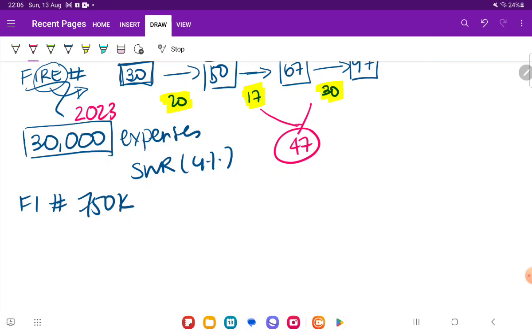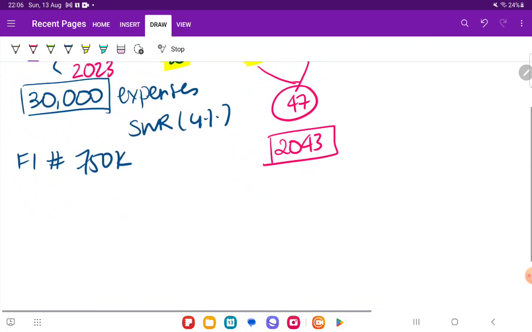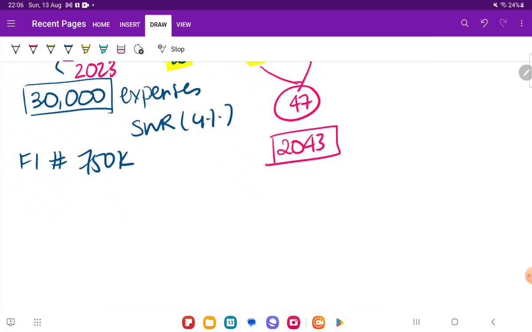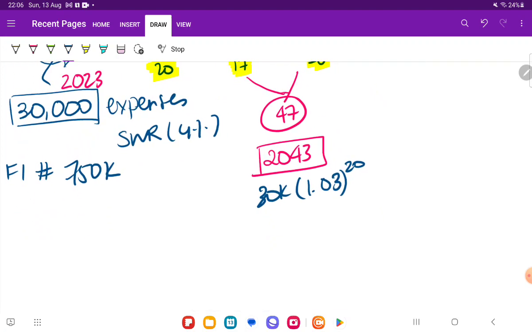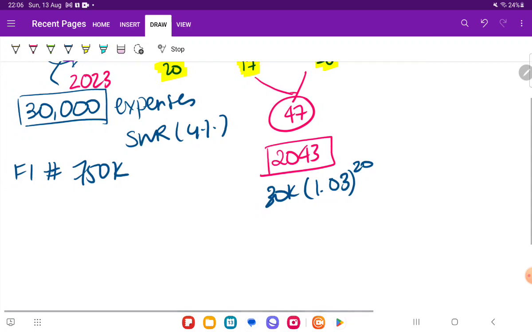So in 2043, I actually need to have this 30K. Let's account for inflation. So we're just going to assume that inflation is 3%, right? You can make your other guesses when you do your calculation. Then we're going to raise that to the power of 20.